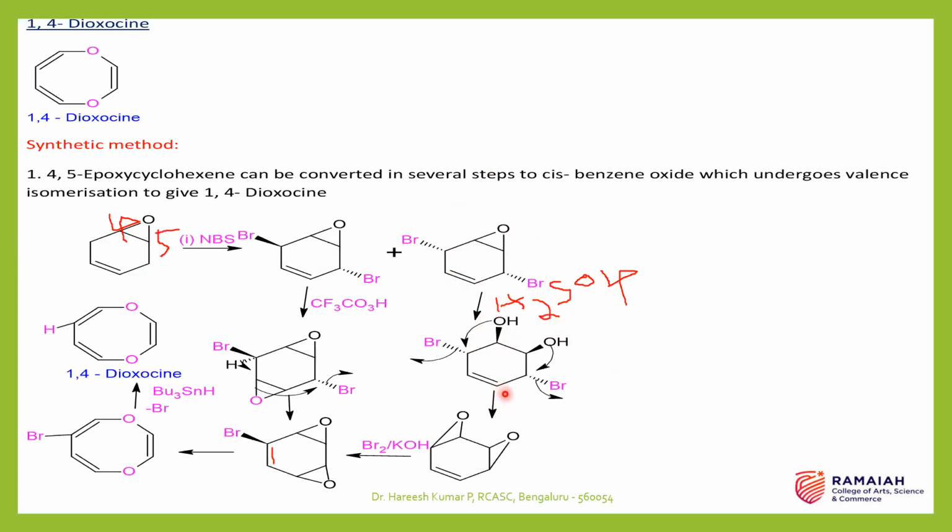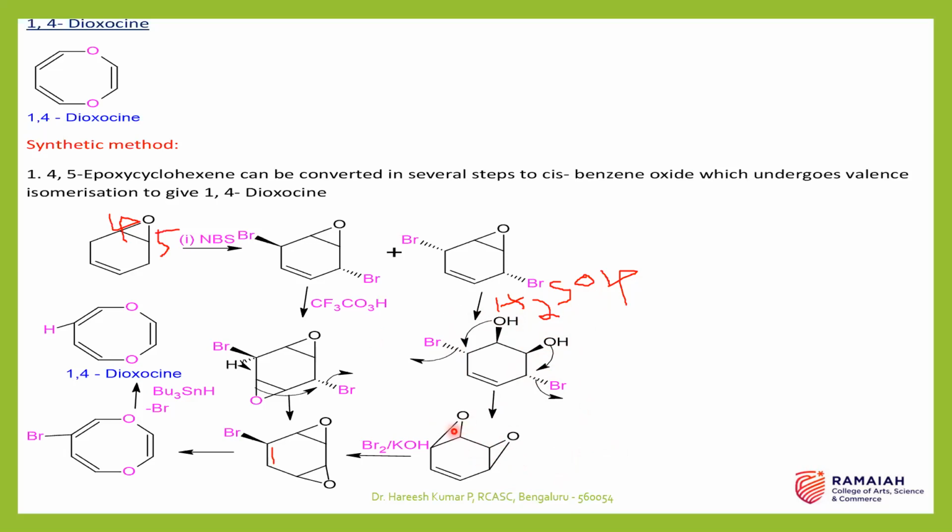Similarly, with this cis diol, you know that sulfuric acid is a dehydrating agent or dehydrohalogenating agent. The bond pair or lone pair can attack here and Br will go out. That means an epoxide is formed.